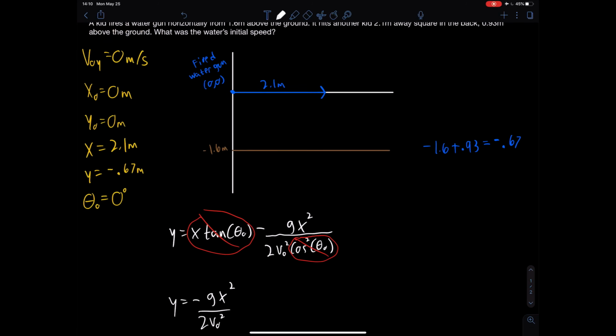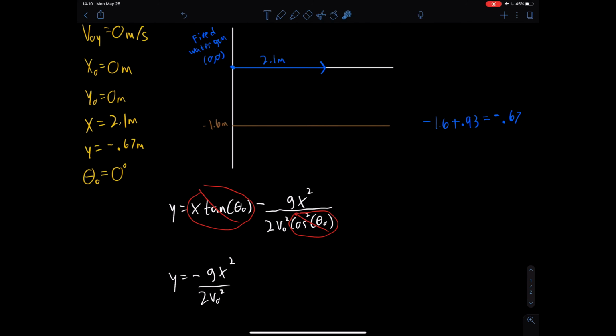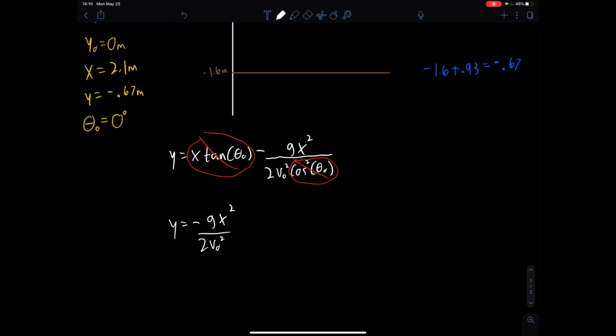The problem asks for the initial speed, so we're trying to solve for v naught squared. If we multiply both sides by v naught squared, we get y v naught squared equals negative g x squared over 2.